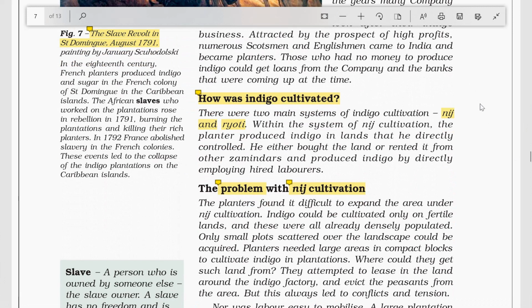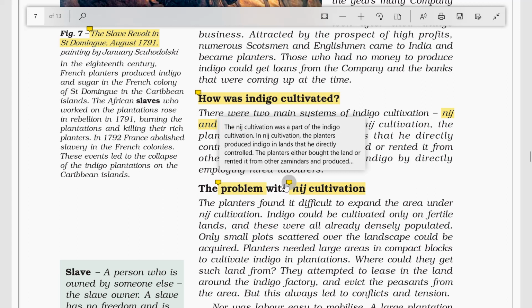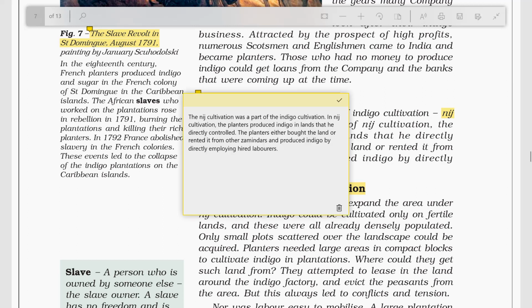Now, how were they cultivating indigo in India? For cultivation of indigo, there were two methods, nij and ryoti. First of all, we'll read what nij cultivation was. Under the nij cultivation, the indigo planters were producing indigo on lands that they directly controlled.